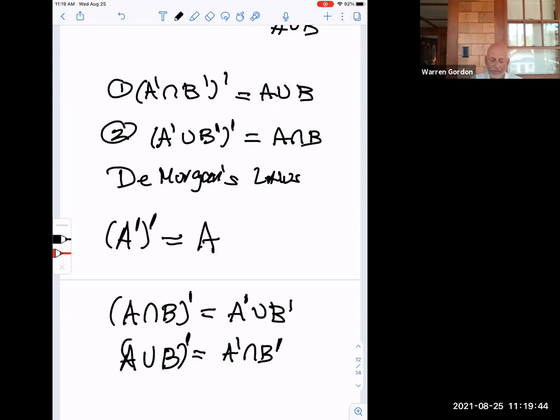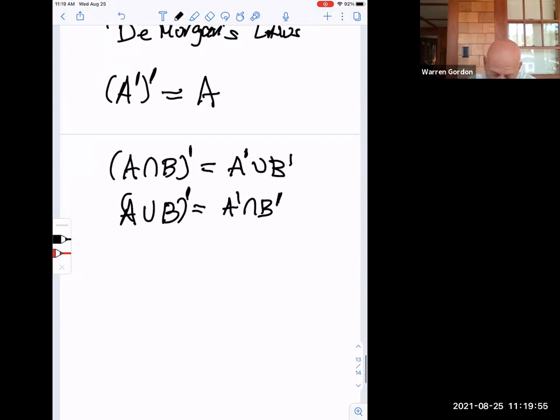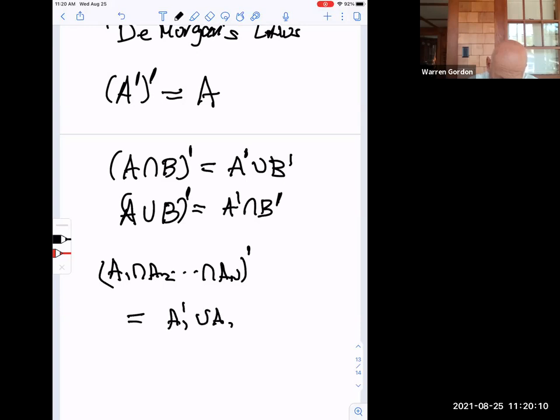So notice distributing the complement changes union to intersection, intersection to union. In fact, more generally, if we had a whole bunch of sets, we would have A1 complement union A2 complement union A sub n complement.